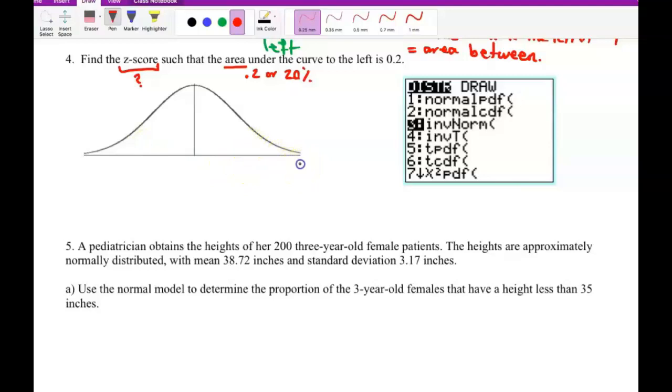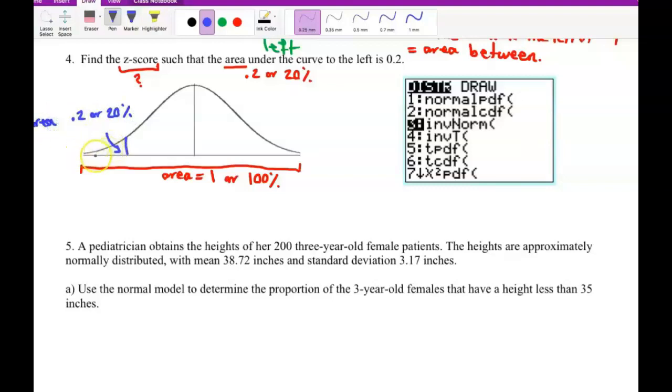So the area for all this, as I said, is equal to 1, or 100%. And since here we have 0.2, that means this part is 20%. This is the area we have on this part. So the rest of this is 80%. 1 minus 20%, this is 80%.